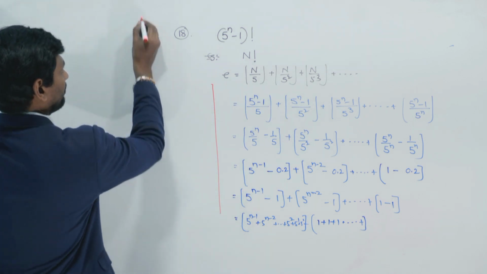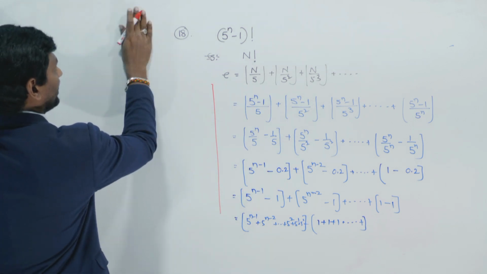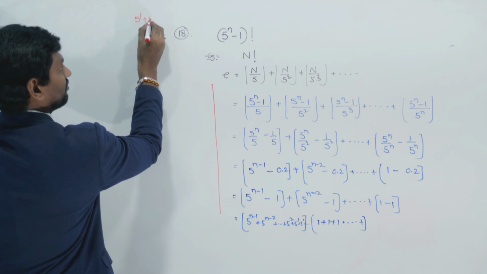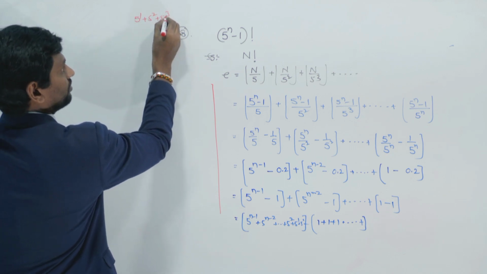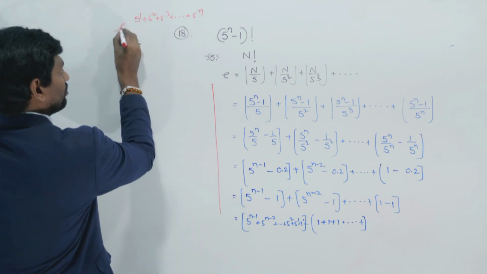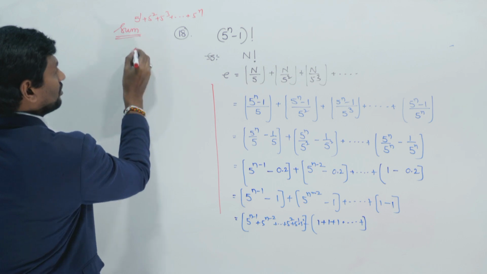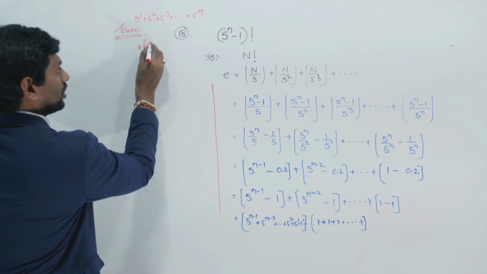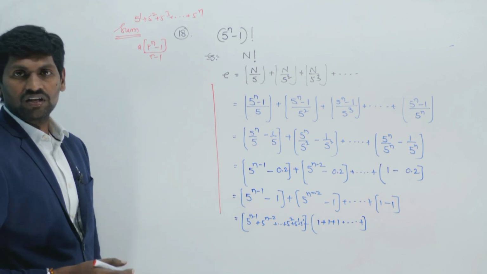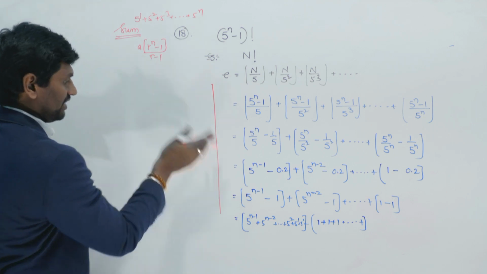That formula you should remember: for numbers in the form 5 power 1, 5 square, 5 cube and so on up to n, the sum is a into (r power n minus 1) by (r minus 1). The same formula we are going to apply here.